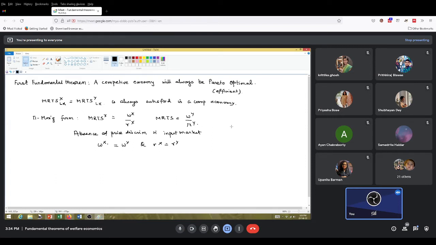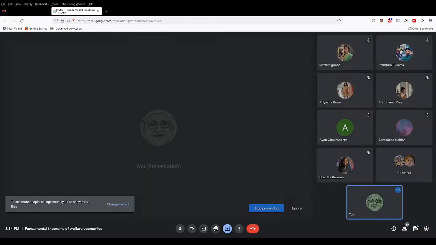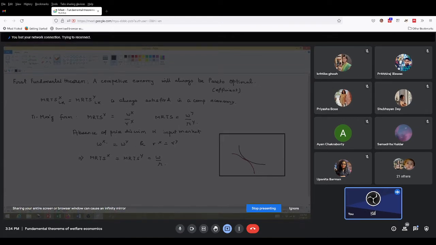Over here what is happening is that given the Edgeworth-Bowley box, see, if these two are equal, what I'm having is, in the absence of price discrimination, it will simply become, right, MRTS X equal to MRTS Y equal to W by R. Now what does this imply?